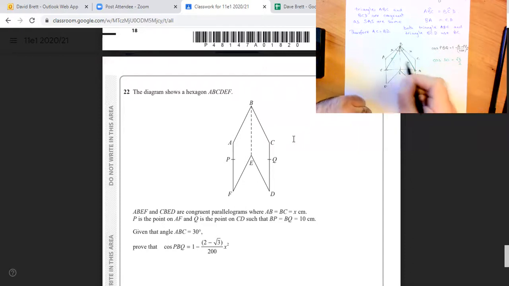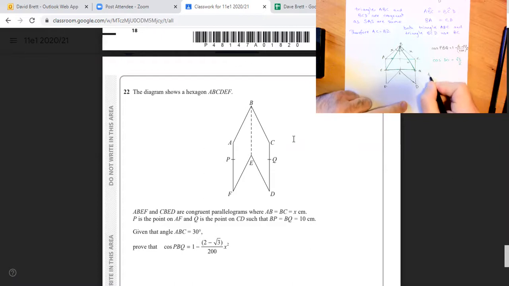I know this length's 10 and this length's 10, but I don't know this length here. But I do know that it's the same length as AC, and I know that this is x and this is x. So let's find out what AC is in terms of x.